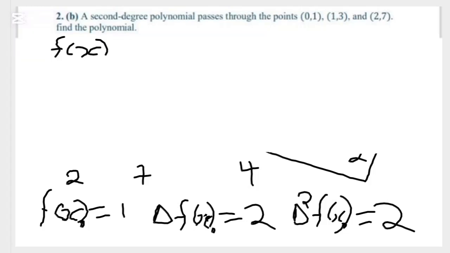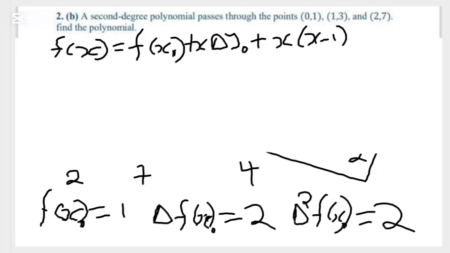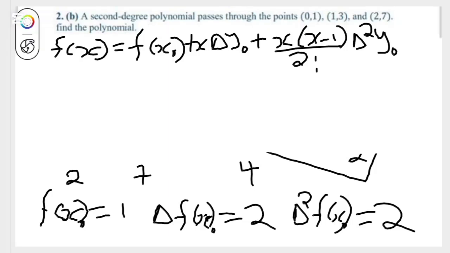So the f of x is the same thing as f of x naught plus x d of y naught, and also plus x times x minus 1 divided by 2 factorial, multiplied by d square y naught, up to infinity.